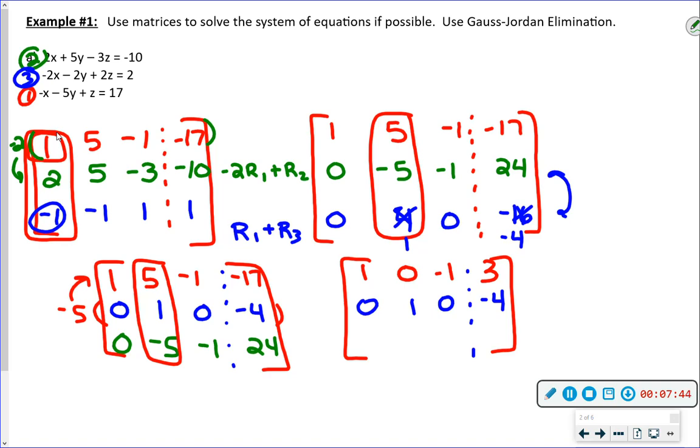So I'm still using the blue numbers. I'm going to multiply the blue row by a +5 to get rid of our -5. So I'm doing the blue numbers times 5, adding it to the green.